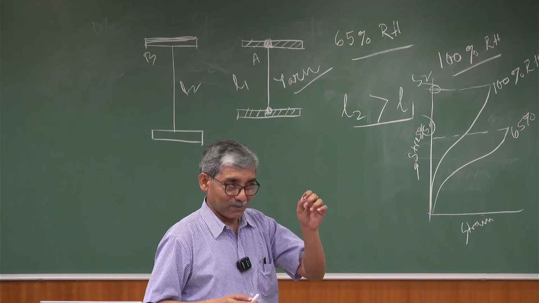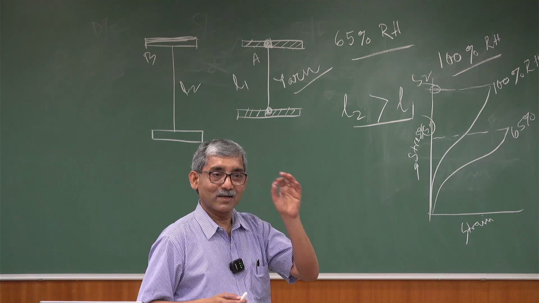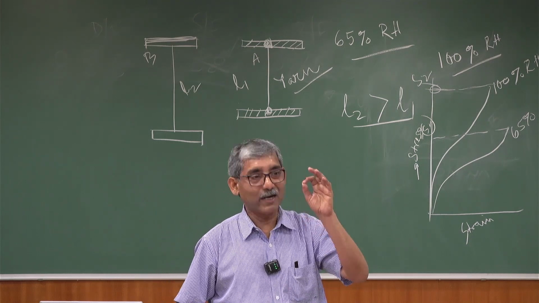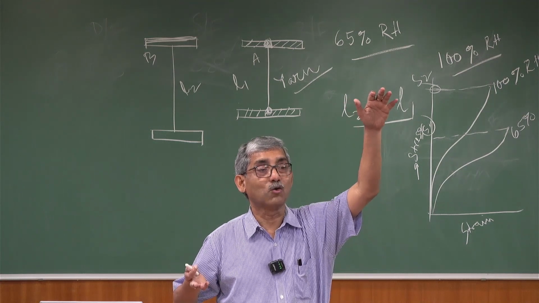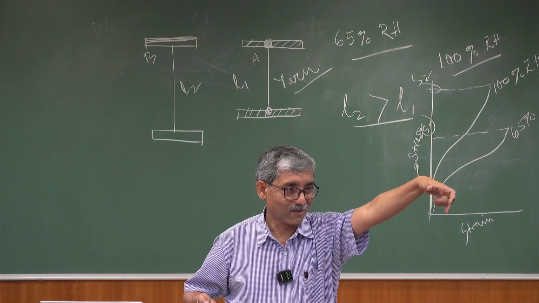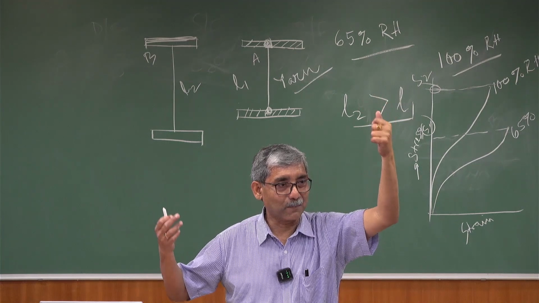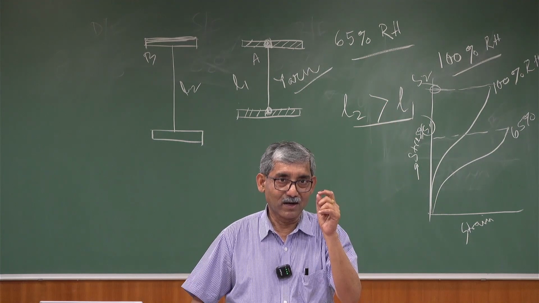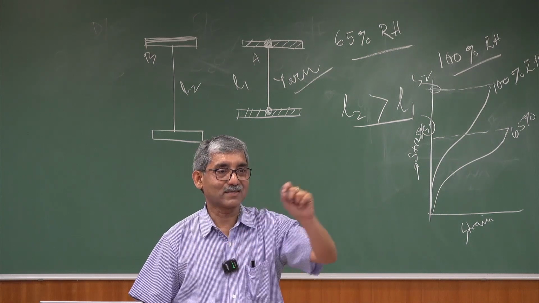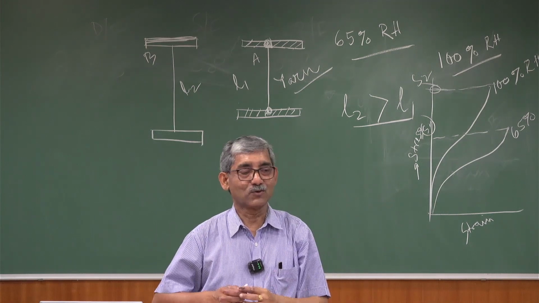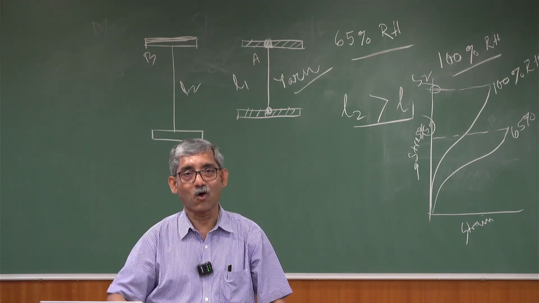Like one UTM, universal testing machine, which is meant for testing rope, thick rope of say 10 ton capacity. We cannot use that load cell to test a single fiber. That will give you the wrong result.